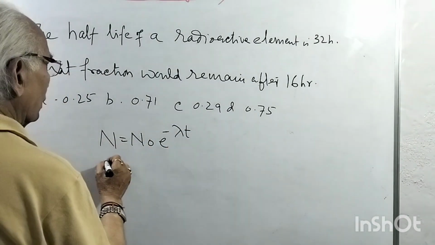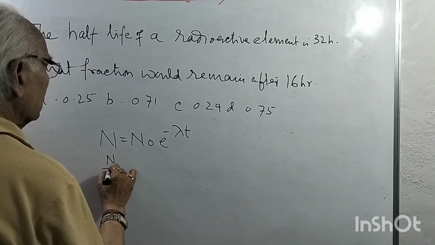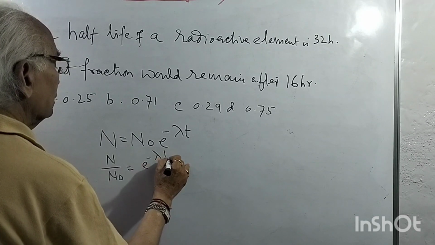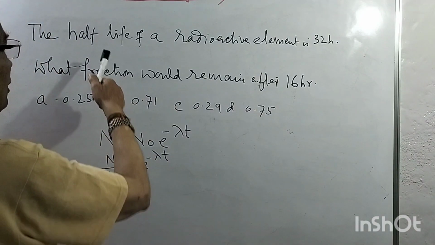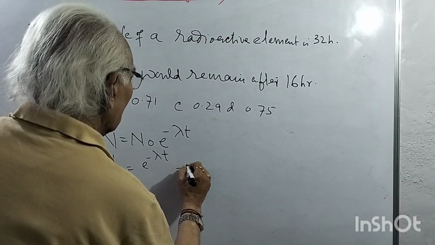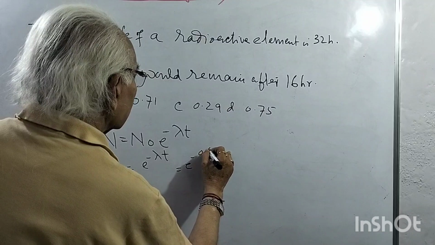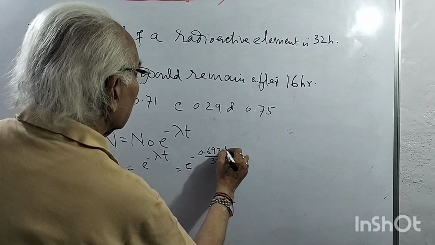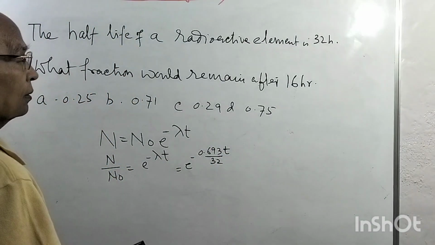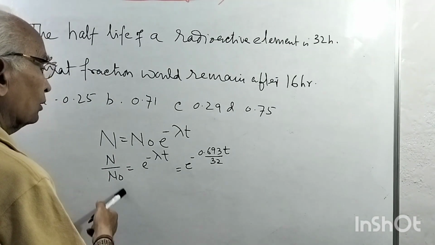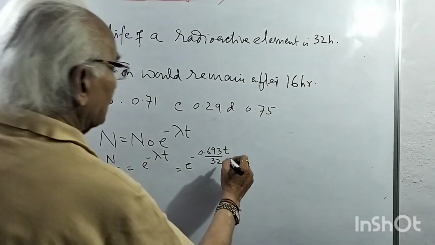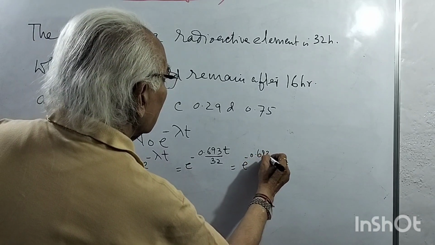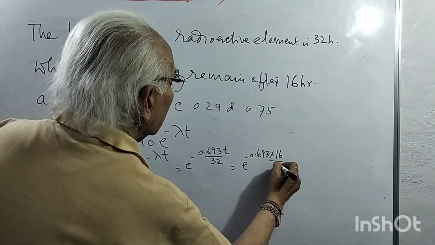So N over N naught is e to power minus lambda t, lambda is 0.693 upon half-life 32, and t is 16 hours. So N over N naught is e to power minus 0.693 into 16 over 32.